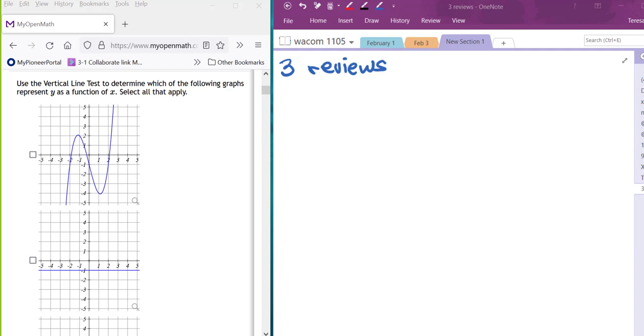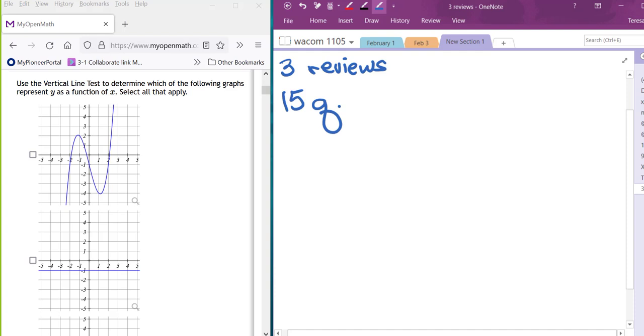Other info about your test, there are 15 questions. Some of them have multiple parts. If you remember back to the section that has arithmetic of functions, and we did addition, subtraction, multiplication, and division, and domain on each of those. So that is one question. You will have a question like that, and it will be that many parts.